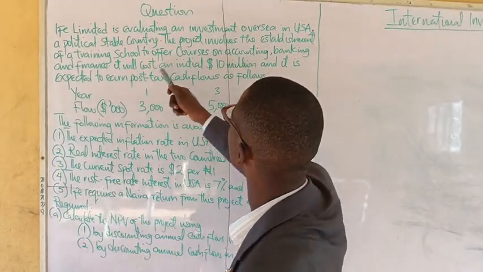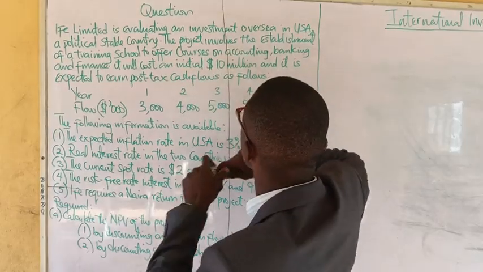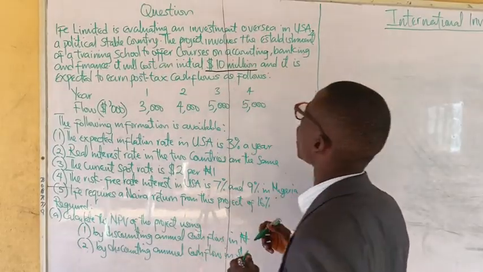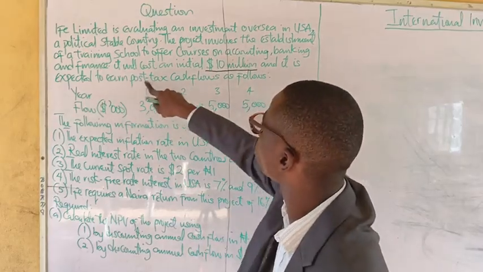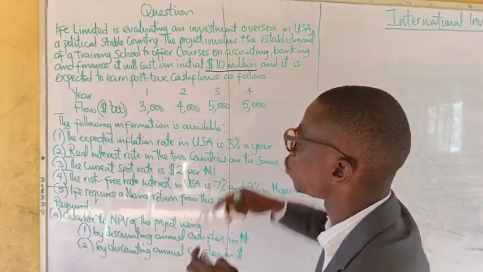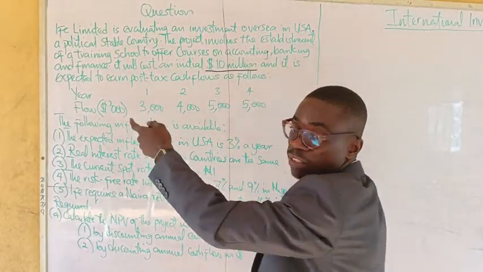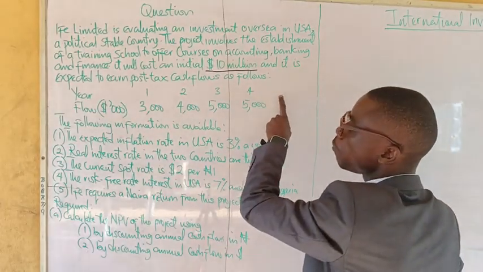He said it will cost an initial $10 million. It is expected to earn a post-tax cash flow as follows. This is the cash flow. Don't forget that we approximate to the nearest thousand. So the project is for 4 years.